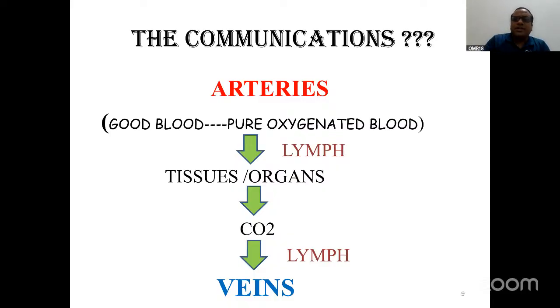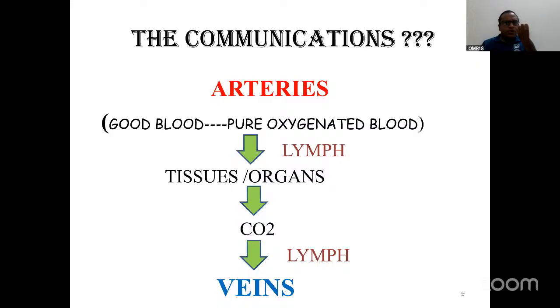Arteries, you know, carry good blood, oxygenated blood. This good blood goes to tissues and organs. Organs utilize that and give out carbon dioxide. This carbon dioxide goes into the veins. Now I am the organ, any organ, liver, lung, kidney, you imagine.